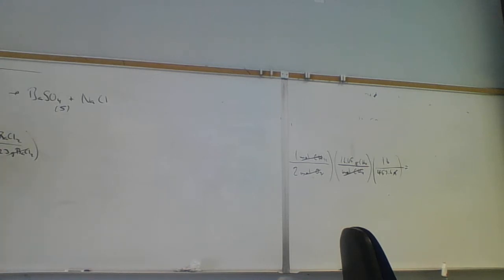So now I'm at the heart of the stoichiometry map. So I got moles of A, now I want to go to moles of B. Which one should I choose as B?